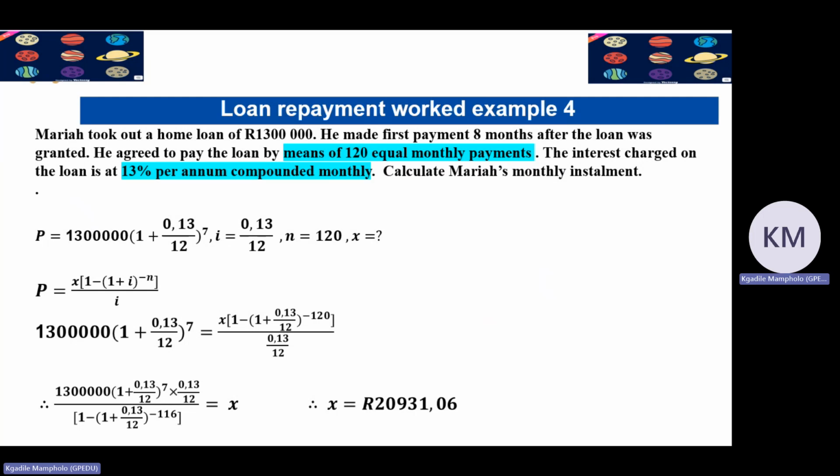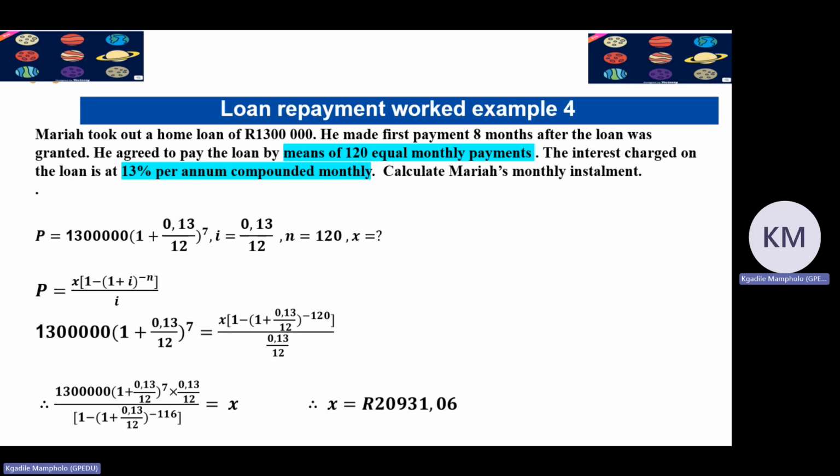So obviously, because Mariah made the first payment 8 months after the loan was granted, it means she missed 7 payments. So that is why P will be the loan plus the interest of the 7 months that she missed. But unlike in the previous one, where we subtracted the time charged, in this one, the statement does not say she agreed to pay the loan in 120 months.